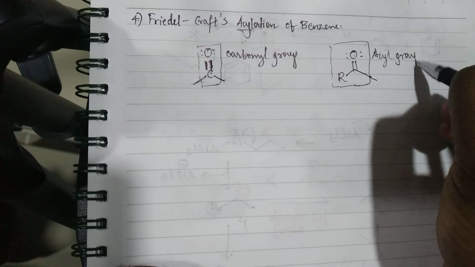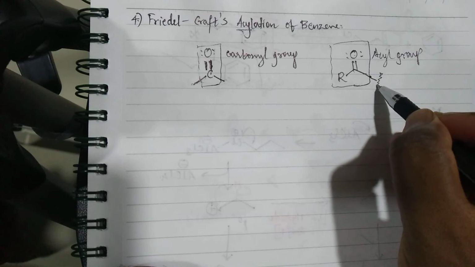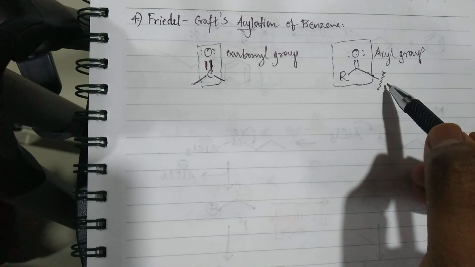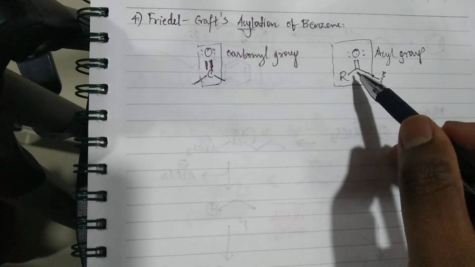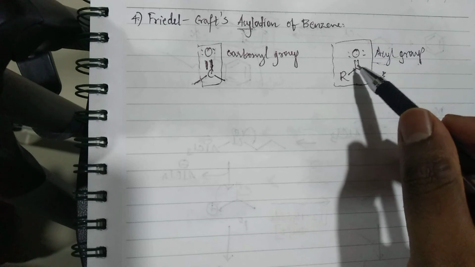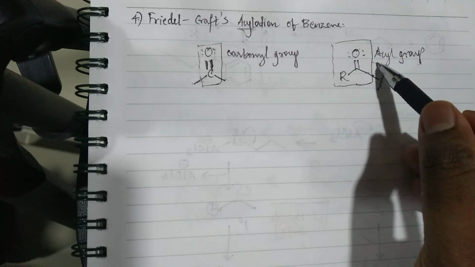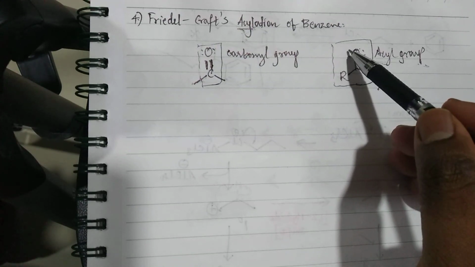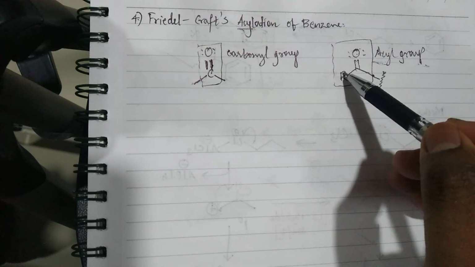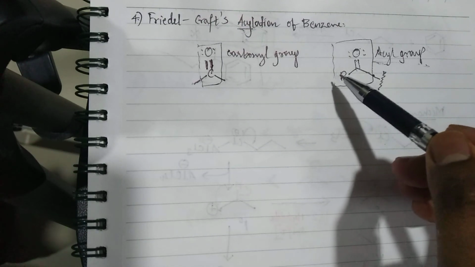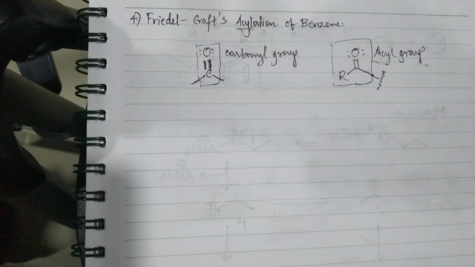It doesn't matter what is here, so I will just put the wavy line. If on one end I have an alkyl group, then that carbonyl group with the alkyl group is called an acyl group. We'll be putting this acyl group, C double bond O and an alkyl chain or whatever is there after this, onto a benzene ring, and we'll see how that happens.